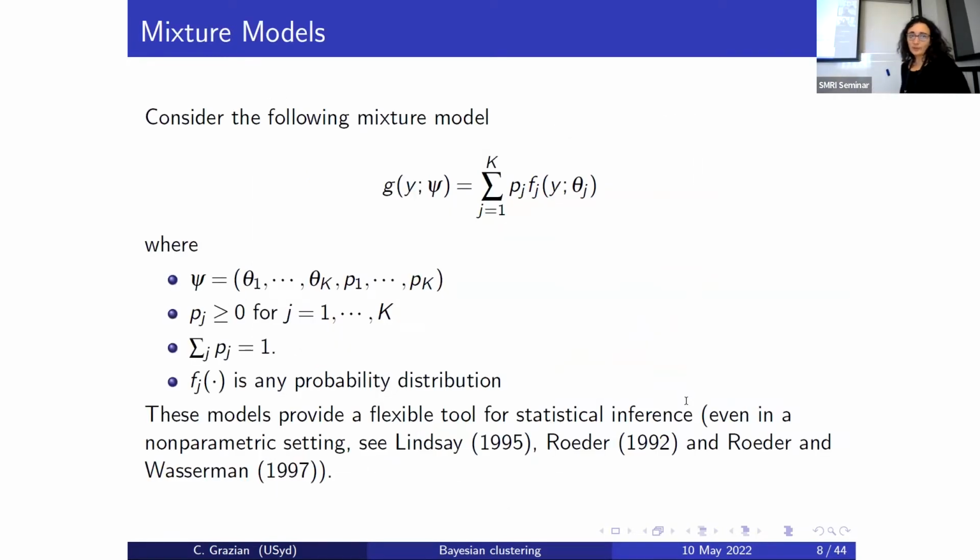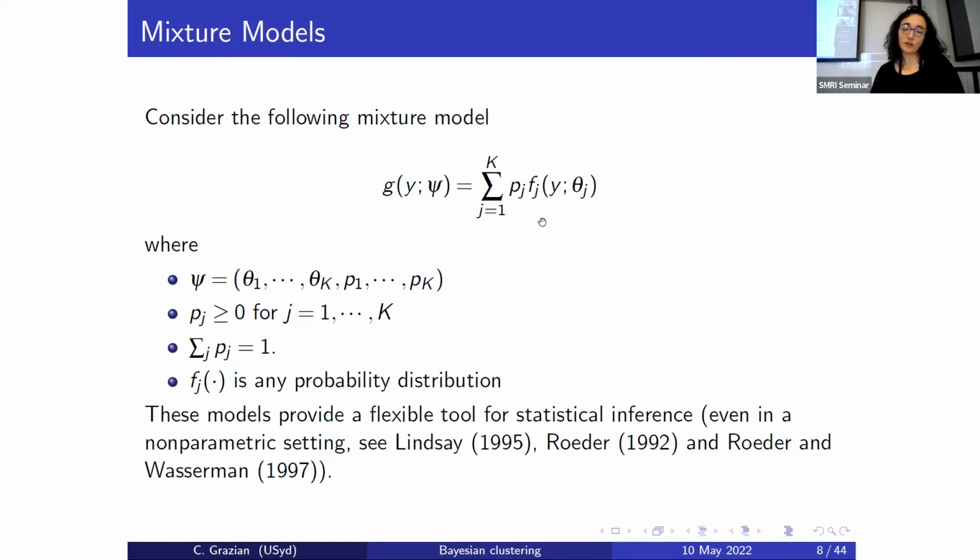Another type of algorithm that is used is based on mixture models, and it's what is usually called model-based clustering. A mixture model is convex combinations of distributions and PDFs, where we have the usual constraint on the probabilities of allocations that they have to be larger than 0 and sum to 1 or to a constant.